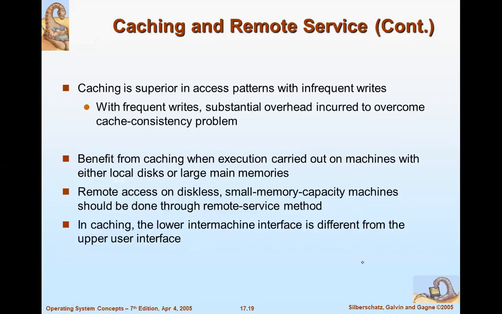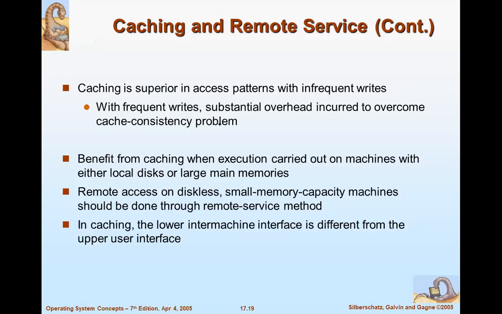Caching is superior in access patterns with infrequent writes; with frequent writes, substantial overhead is incurred to overcome the cache consistency problem. You can also handle that by updating the caches both at the client and server side, and it will provide many benefits to the client and server as well.